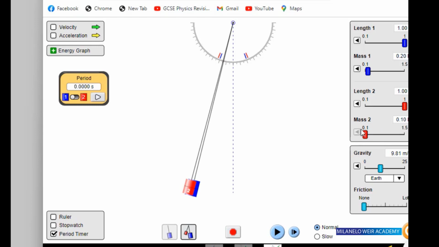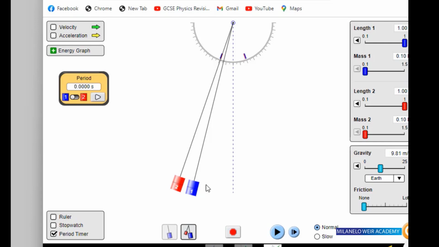So look here, mass for the red one. The red one is this one, right? Is 0.10 kg. Then the blue one is 0.20. No. We have to make it equal. So the minimum mass we can have is 0.1. They are at 0.1, both of them. The mass is the same, gravity is the same.